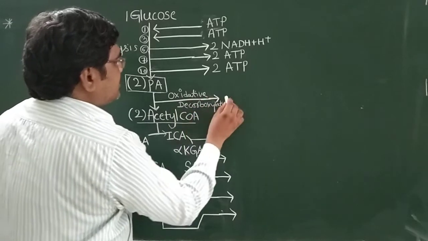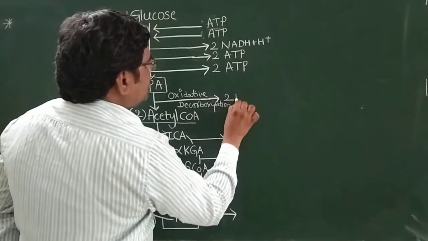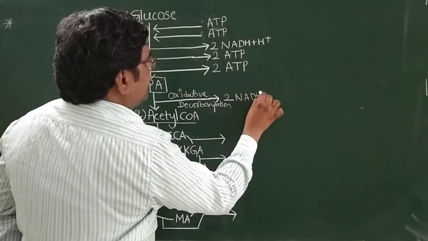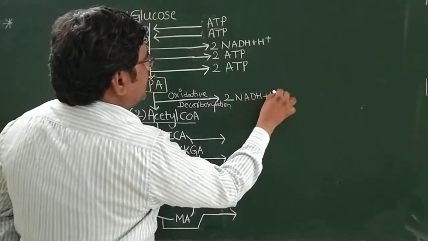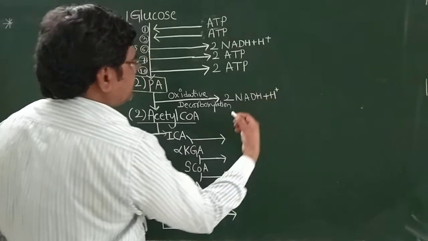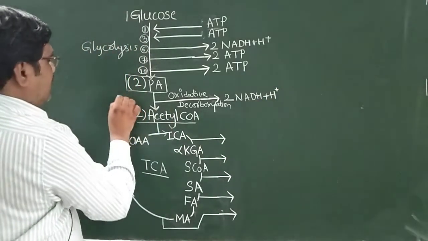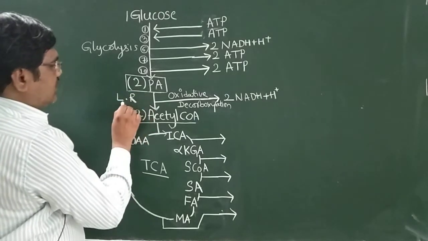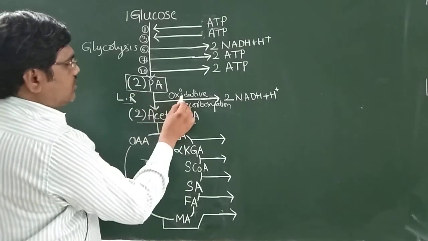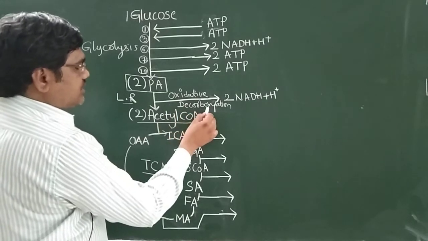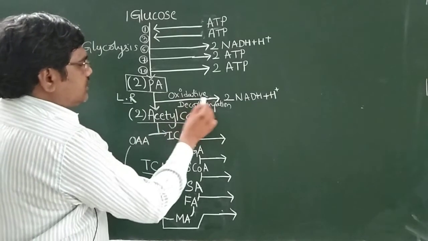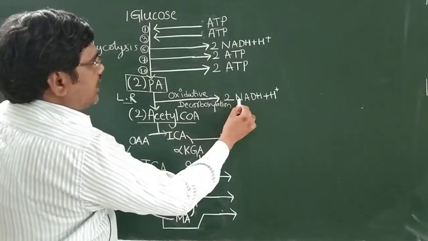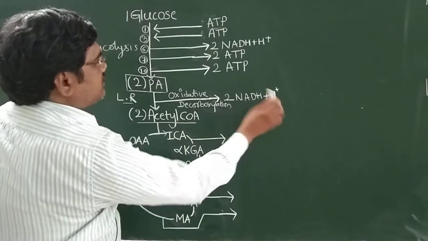During this reaction, again two NADH plus H plus are produced. This is the link reaction. During the link reaction, the oxidative decarboxylation produces two molecules of NADH plus H plus.